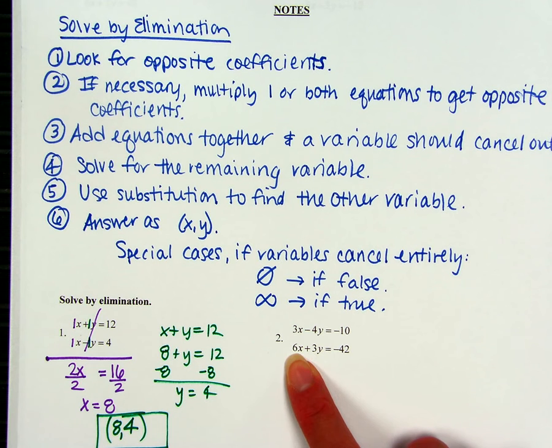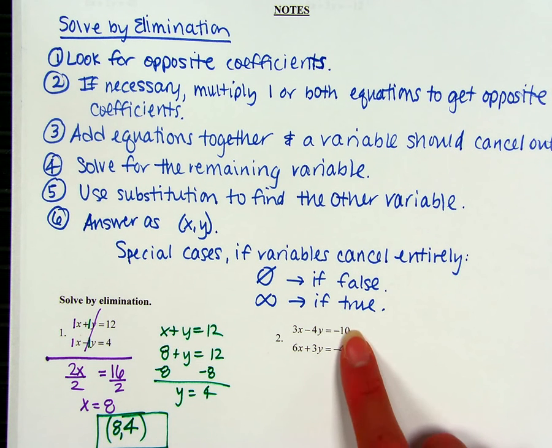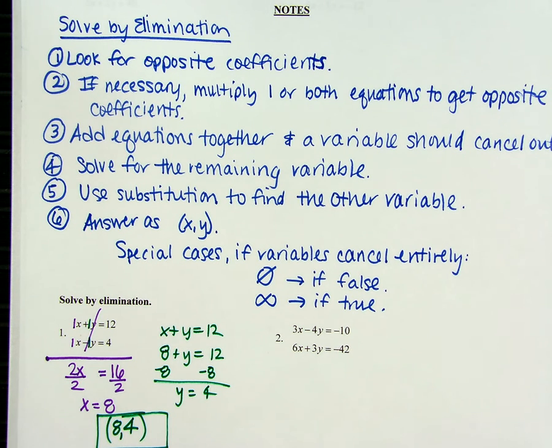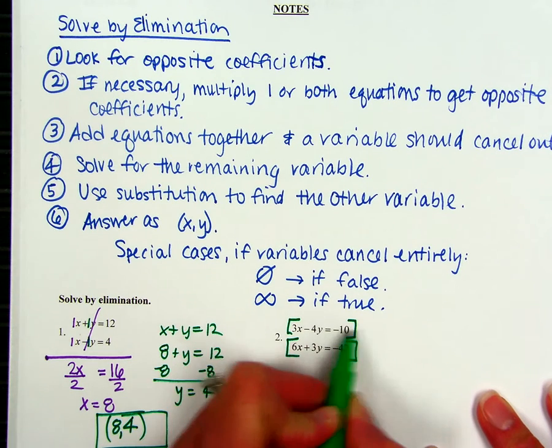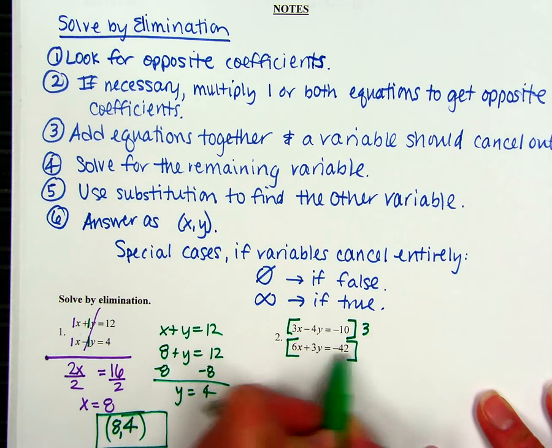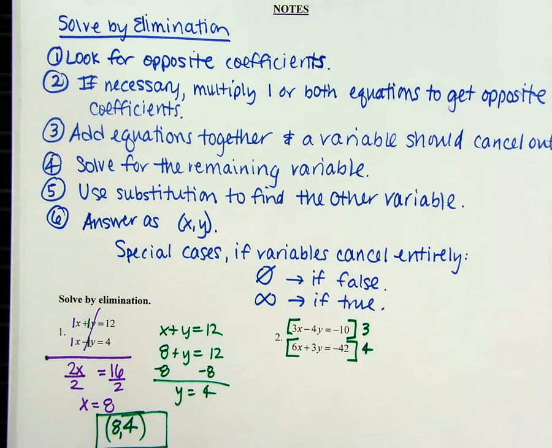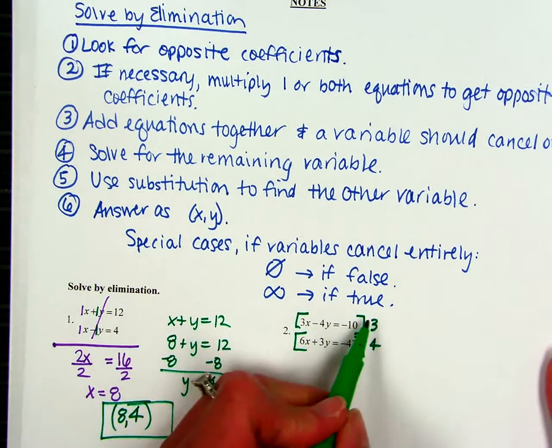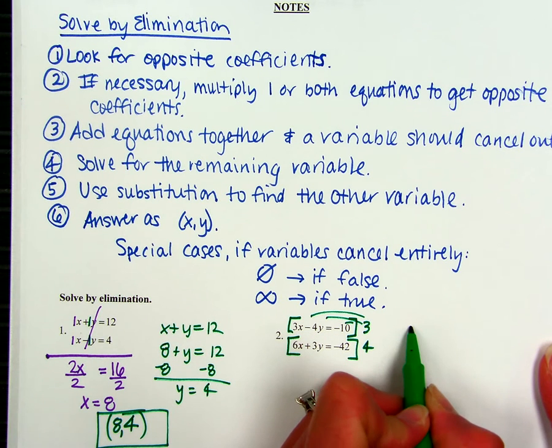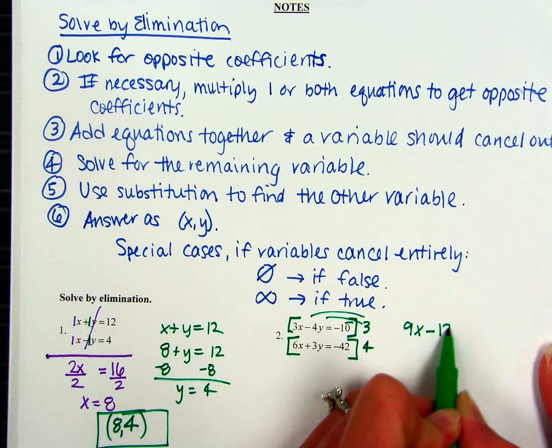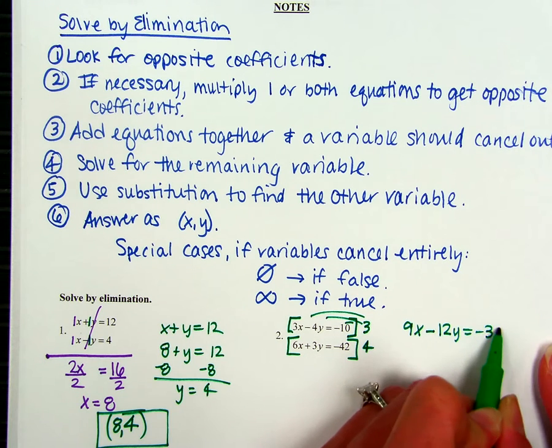Now, if you don't see that, another way you could do it is you can multiply both equations. So we could do it this way. Multiply the top equation by 3 and the bottom equation by 4. If we do that, that means everything in the top equation, make sure you distribute, has to be multiplied by 3. So we have 9x minus 12y equals negative 30.